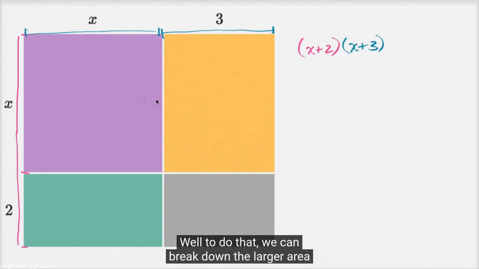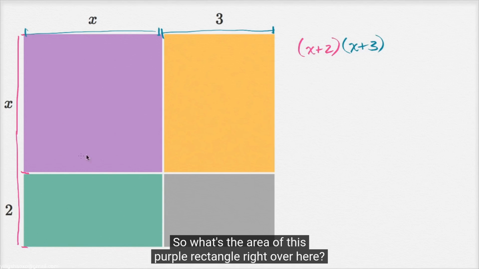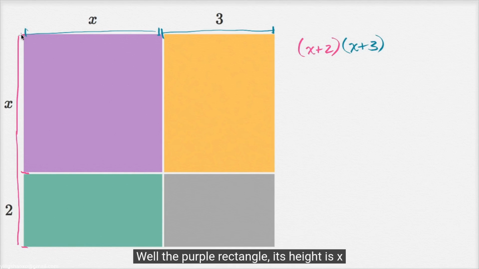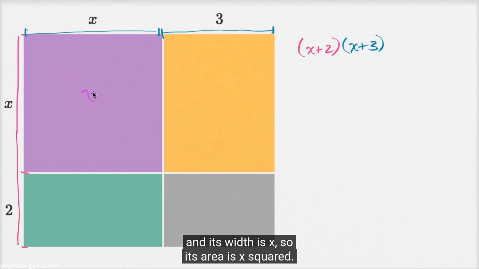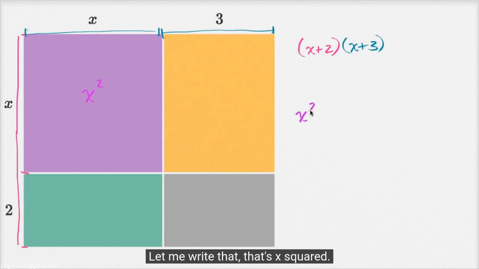To do that, we can break down the larger area into the areas of each of these smaller rectangles. So what's the area of this purple rectangle right over here? Its height is x, and its width is x. So its area is x squared. What's the area of this yellow rectangle?